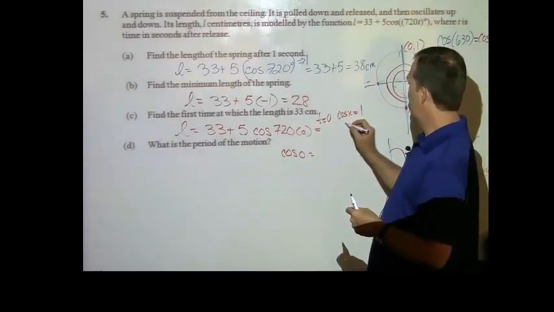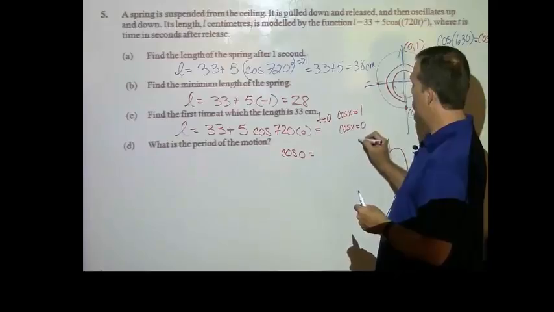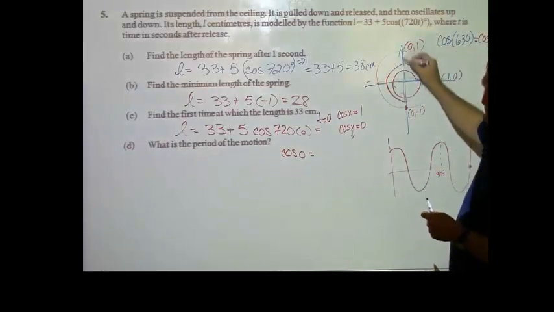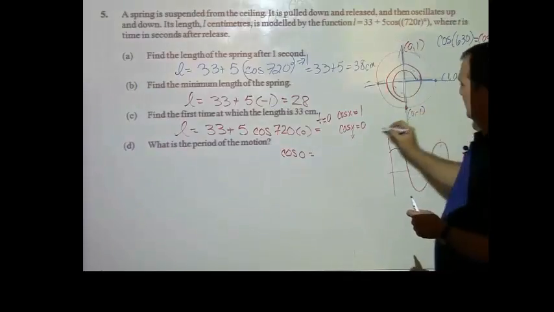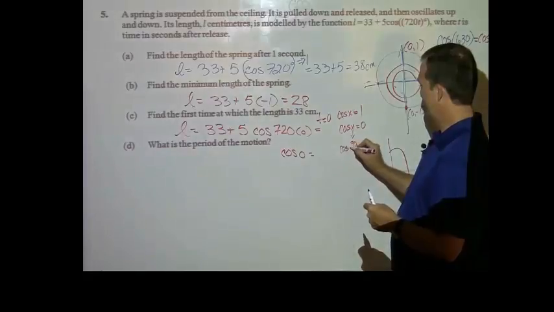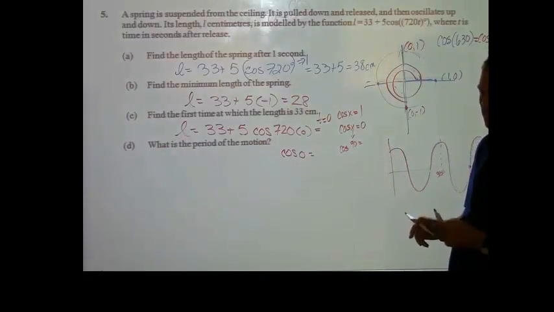What I need is the cosine of x to equal 0, and this happens at 90 degrees or 270.